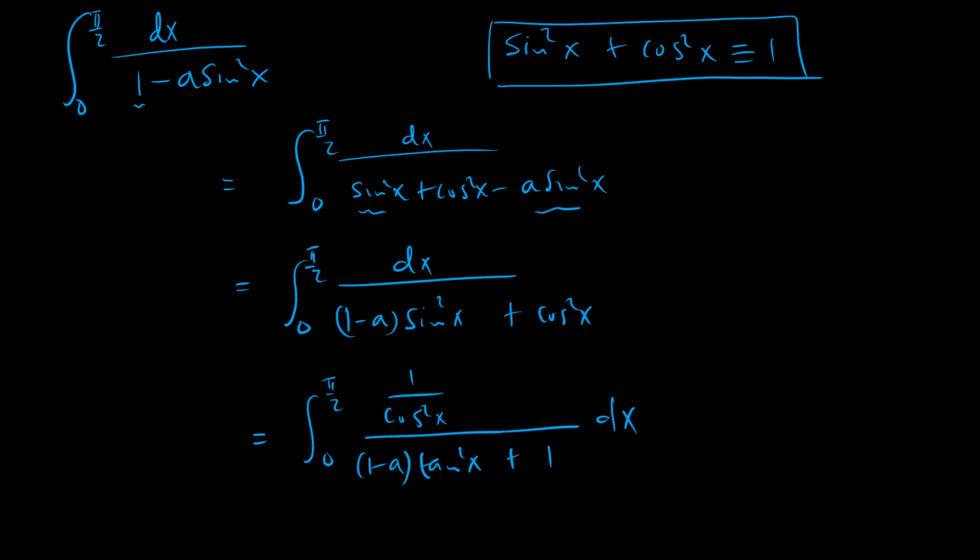So what is 1 over cosine squared x? It is the same as secant squared x, and so our problem now becomes the integral from 0 to pi over 2 of sec squared x over 1 minus a tan squared x plus 1.